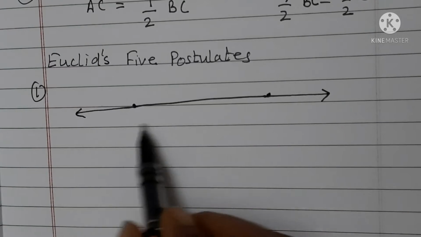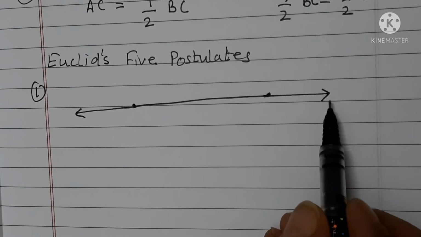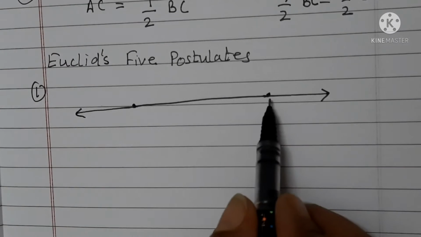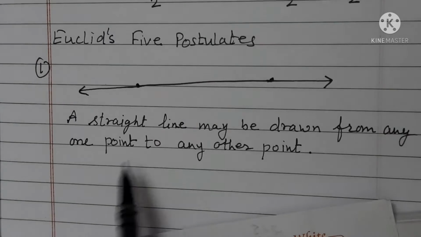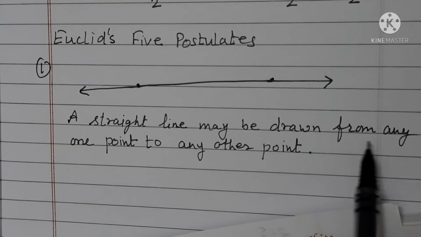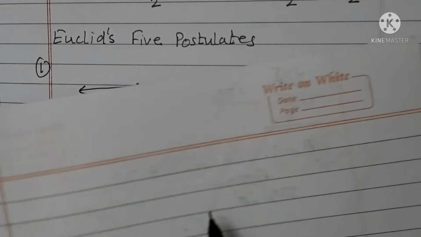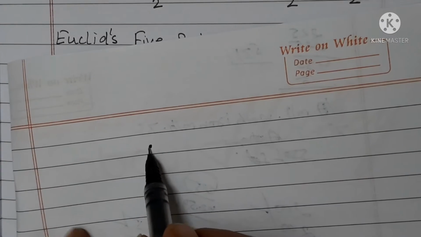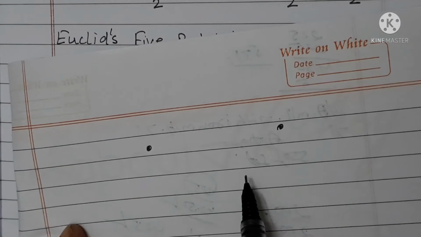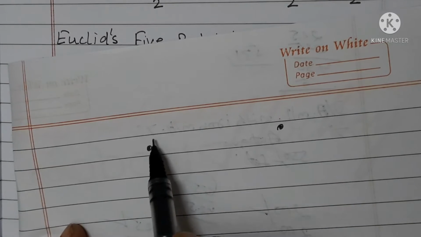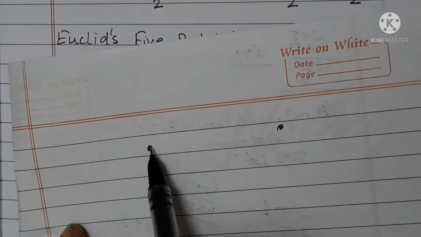A straight line may be drawn from any one point to any other point. This is any one point, and take another point. This is the second point, and you draw lines from this point.